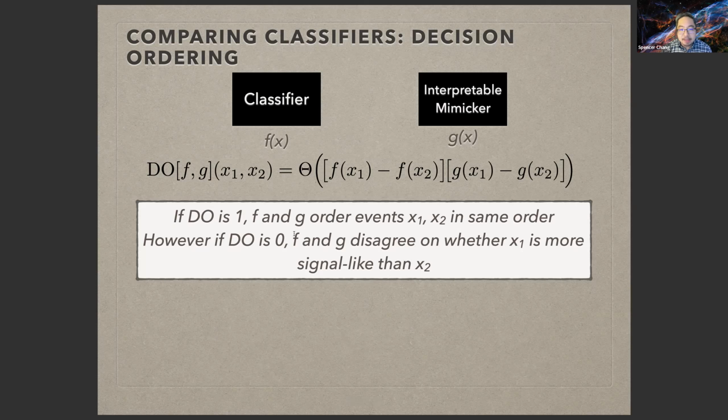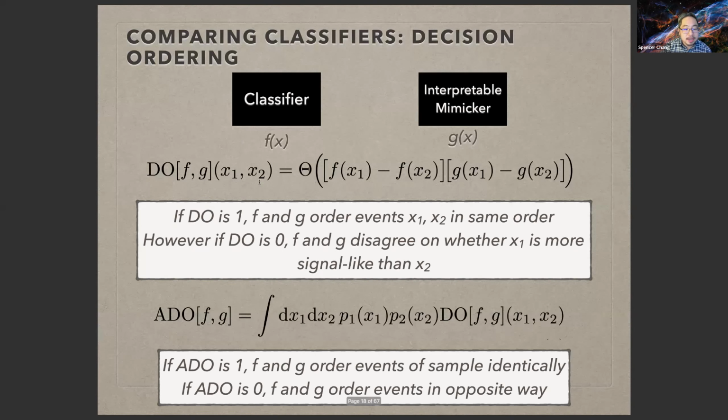Now the way to check if they are the same classifier on a set of events is to not just take pairs of events, but a distribution of events. So I can look at a distribution of events and get an expectation value of this decision ordering, or average decision ordering. I integrate over the distribution of events 1 and 2. It might be drawn from the same thing.